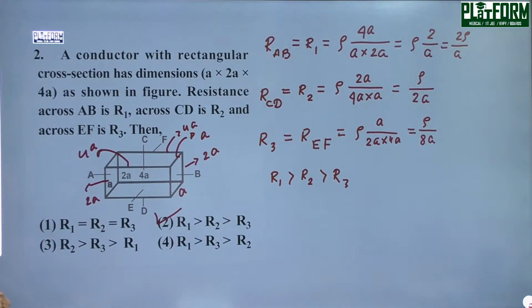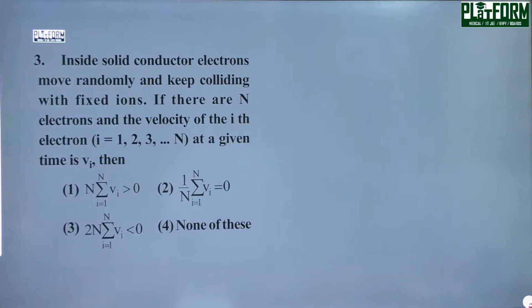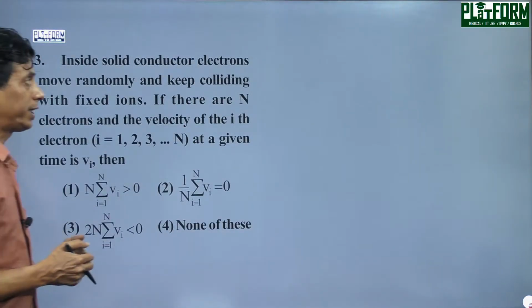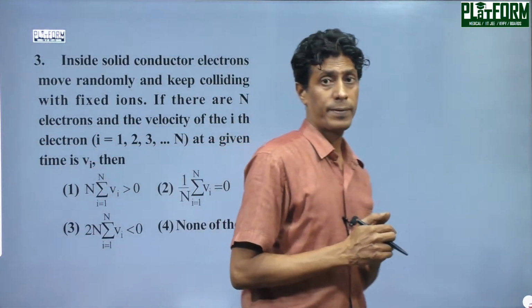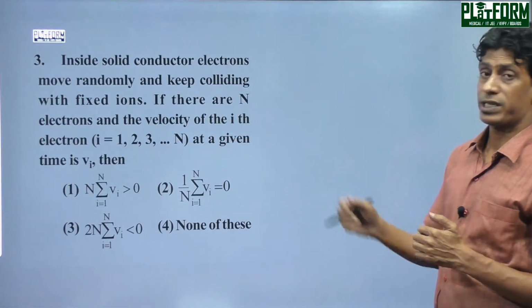Next problem. Inside a solid conductor, electrons move randomly and keep colliding with the fixed ions.